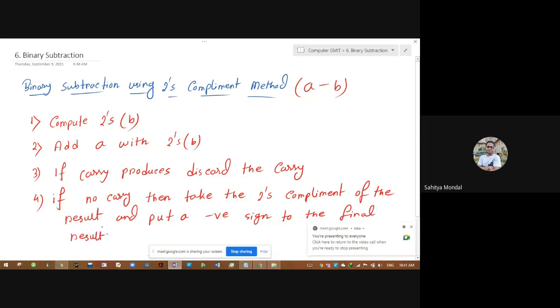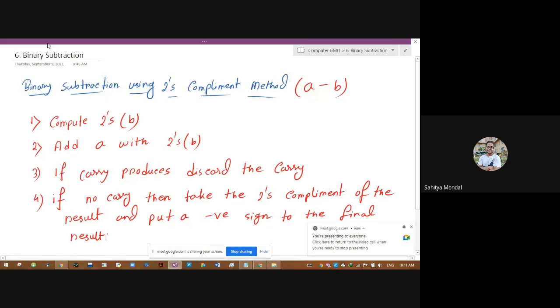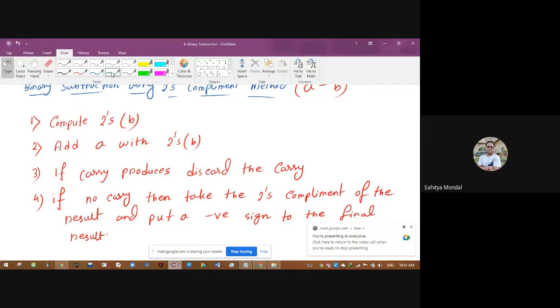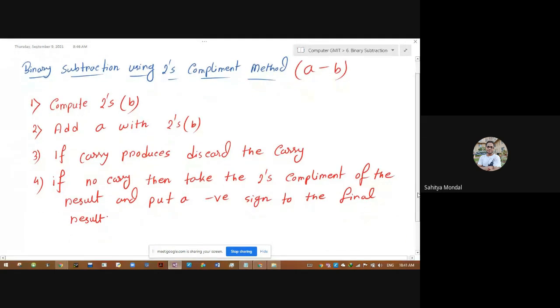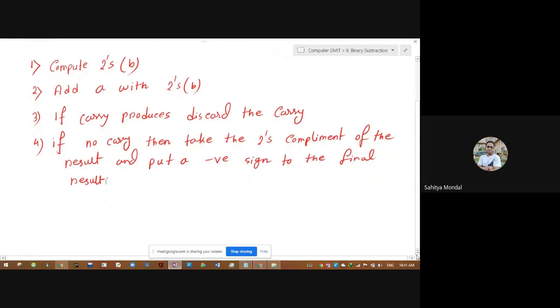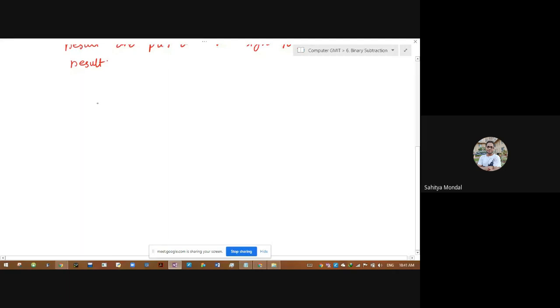So I am writing the thing in the algorithmic form. Now understand each of the lines briefly. First, compute the 2's complement. The thing I discussed yesterday: why am I finding the 2's complement first? Because what I am trying to do is a minus b. A minus b can be rewritten as a plus minus of b.